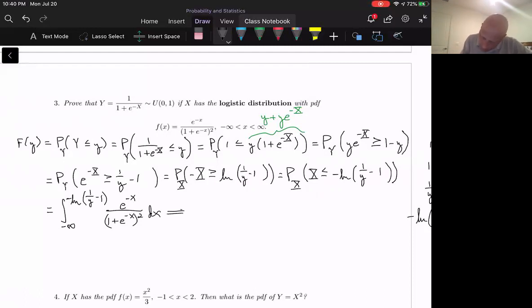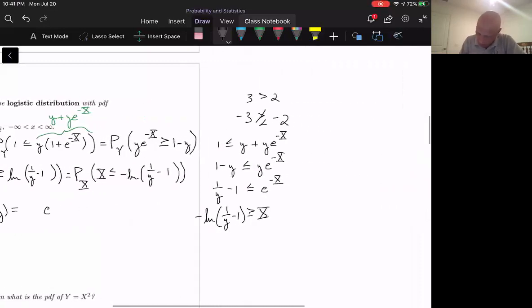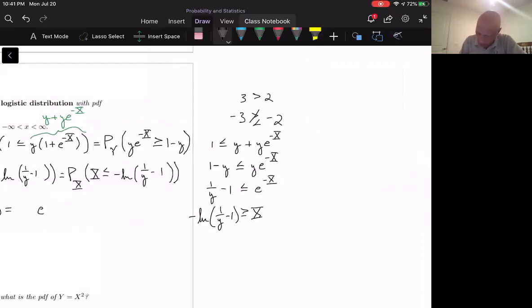So little f of y is going to be e to the, I'm going to bring that negative sign in, and I'm going to manipulate what's inside. So what I mean by that is this 1 over y minus 1 is the same as 1 minus y over y.